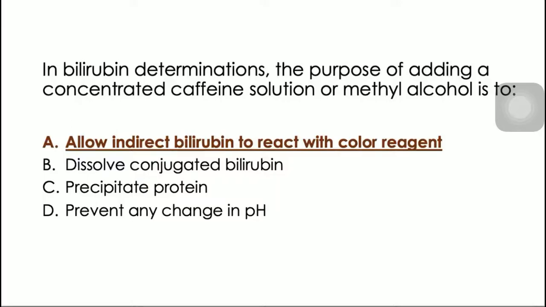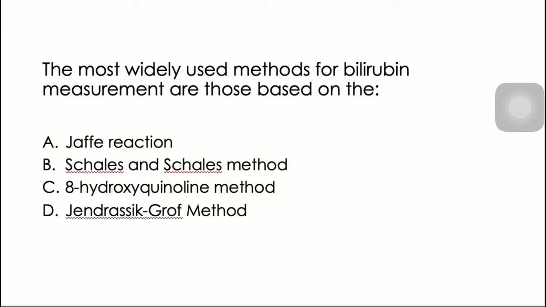Because that is an accelerator, to accelerate the reaction of the indirect bilirubin with your sulfanilic acid or diazo reagent to produce your azobilirubin. The most widely used method for measurement are those based on, so we have letter D, the Jendrassik-Grof method, as what we keep on mentioning.